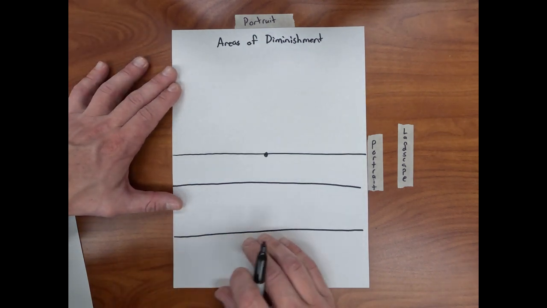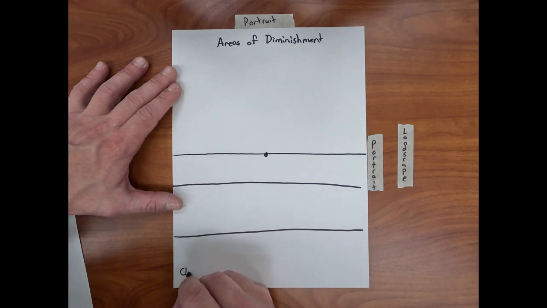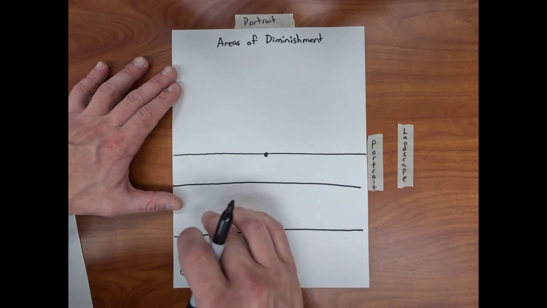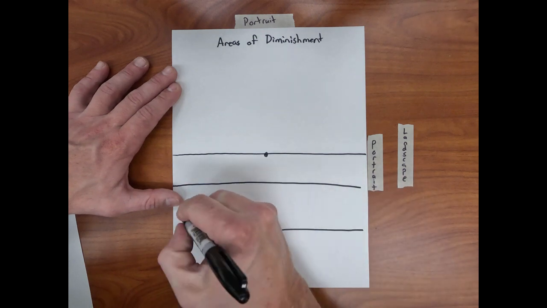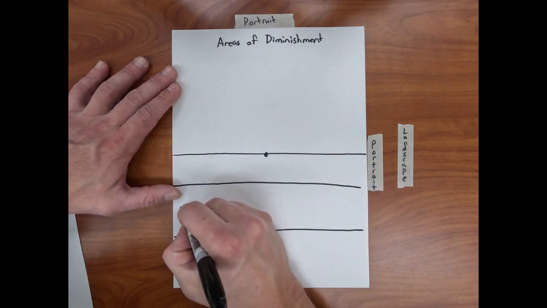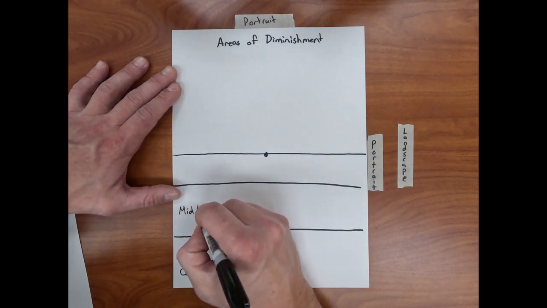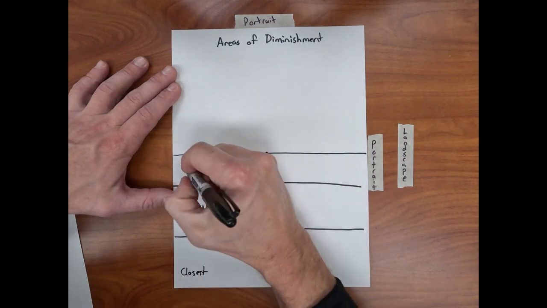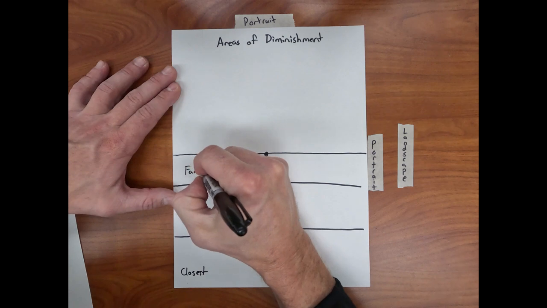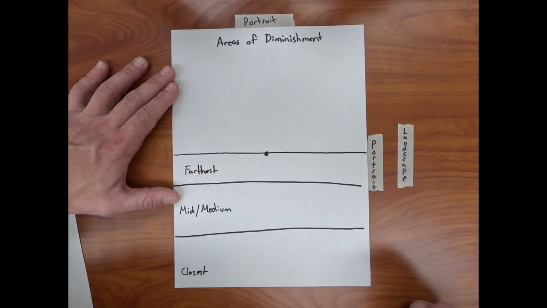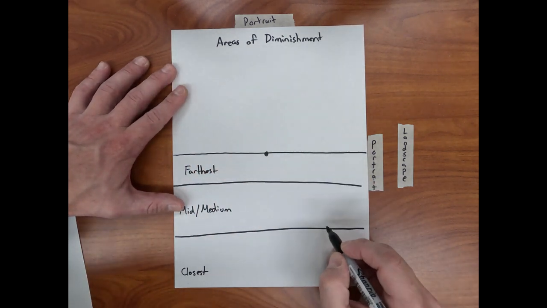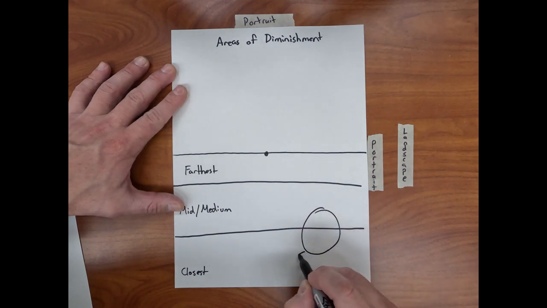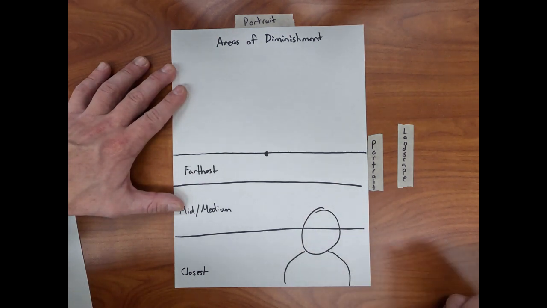So the things on the bottom are going to be closest. The things in between this section are going to be mid-range or medium. And these are going to be the farthest. So if I draw things that are close, they should be fairly large and even going off the page.